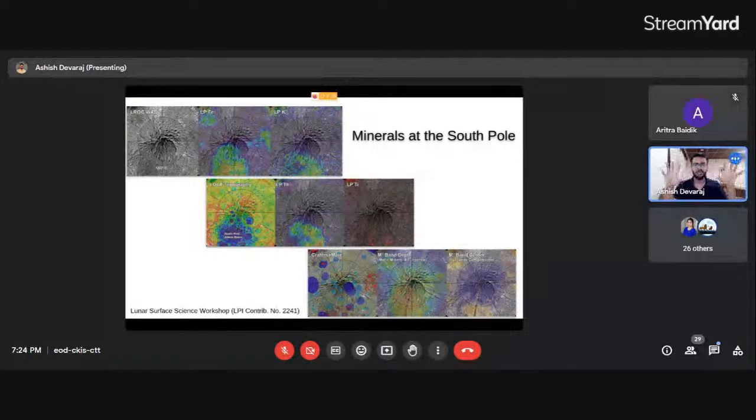That is where our experiments on Chandrayaan 3 become more important, because we have temperature measurements of the surface, and we are also measuring the plasma atmosphere just above the surface of the Moon. There are instruments which I'll talk about later in the slides.